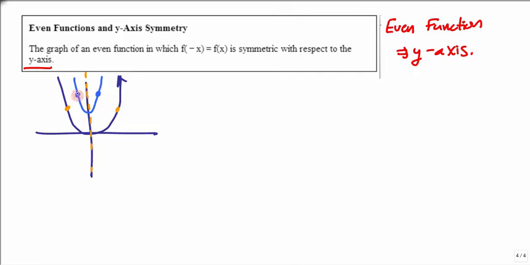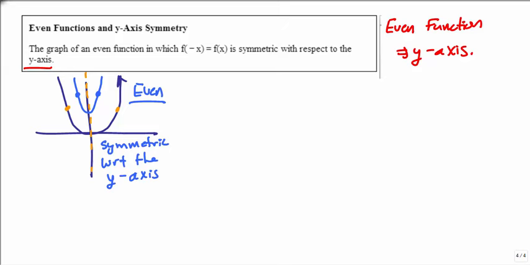Any point on the right has an equal point on the left across the y-axis. So that's another example of a symmetric graph. So this is symmetric, and we use the letters WRT to represent with respect to the y-axis. So this is called an even function because it's symmetric with respect to the y-axis.